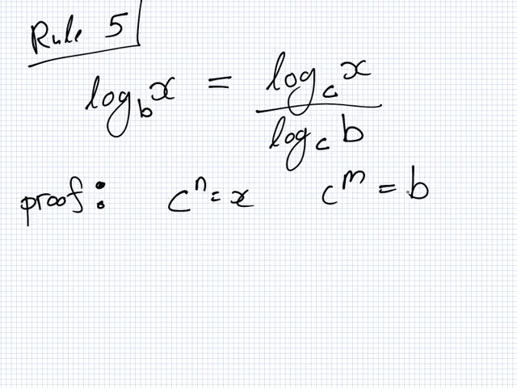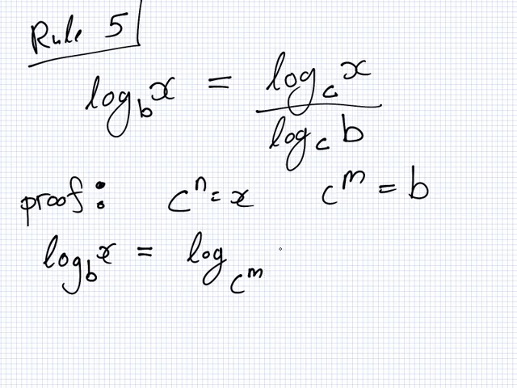Alright. So let's see this now. Log base b of x. That's, oh yeah, that's c^m and that's c^n. Yes. And that's equal to n over m. Oh, now it's so obvious.